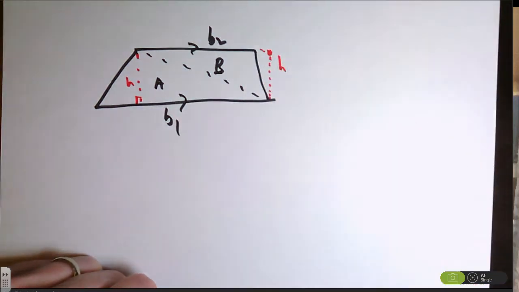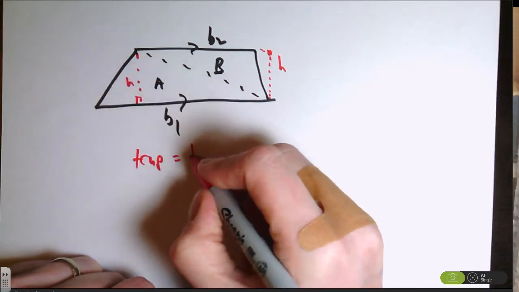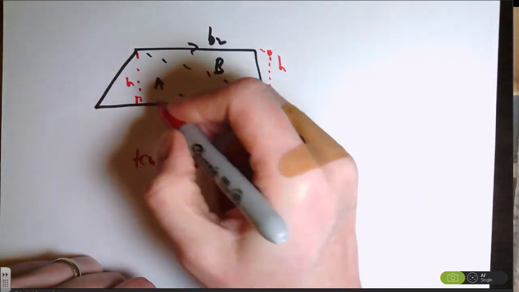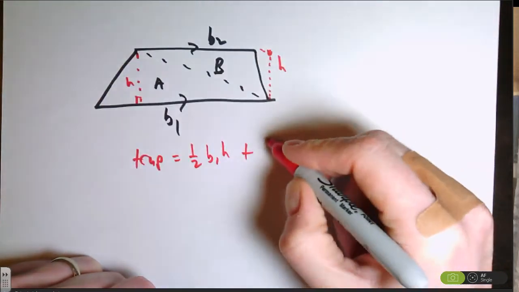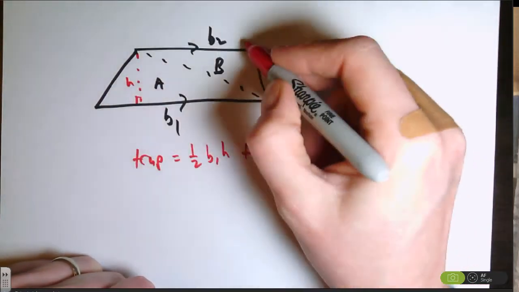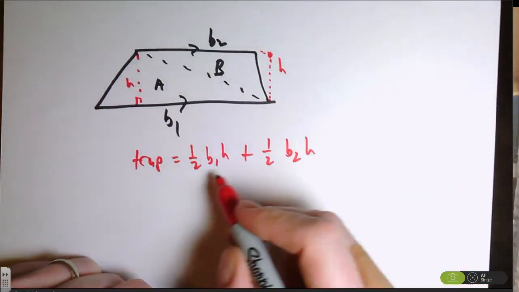Okay. So the area of the trapezoid is 1/2 base 1 times height, because that's this guy here, plus 1/2 base 2 times height, and that gives us the two triangles.